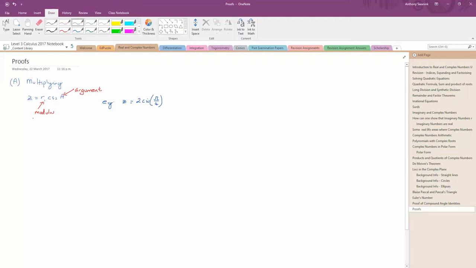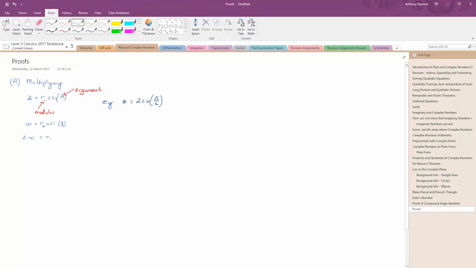Moving back here, let's say we had a different complex number, let's call it W, and let's say that the modulus was r2 and the argument angle B. Don't really need to put that in brackets, but I will for now. Now let's have a look at what this would look like if we were to multiply the two complex numbers in polar form. So Z times W, what would that look like?